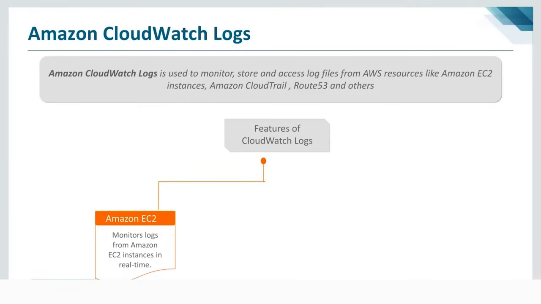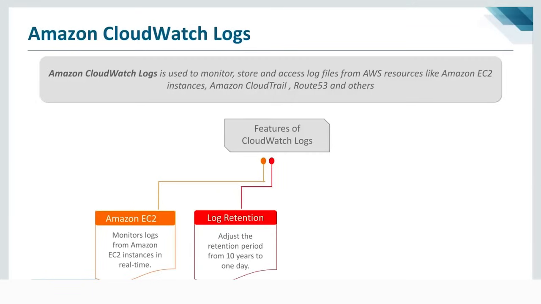Let's try to understand CloudWatch logs better with the help of some features. Firstly, you can use Amazon CloudWatch logs to monitor your application and system log files. Let's say you have made a lot of errors while trying to deploy your application on the cloud. In this scenario, you can use CloudWatch logs to keep track of your errors and send a notification to you when the error rate increases past a certain threshold, so that you can avoid making errors again. Then you have log retention. By default, logs are kept indefinitely.